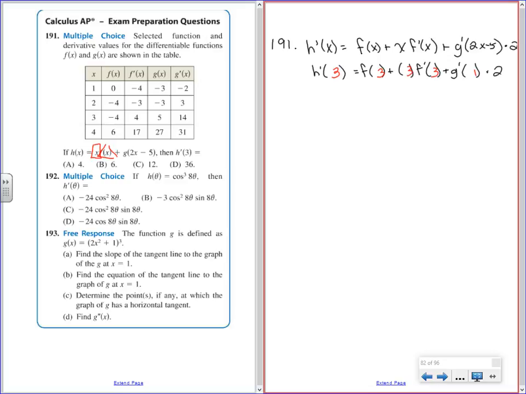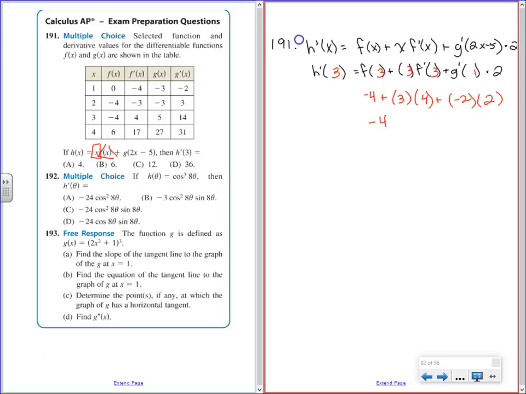And now my very last step is to go to my table or go to my clues, whatever they tell me. f of 3 is who? f value at 3 is negative 4, plus 3 times f prime value at 3, which is 4, plus g prime at 1, which is negative 2, times 2.